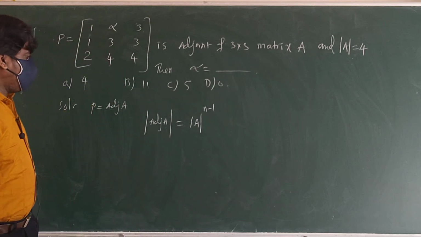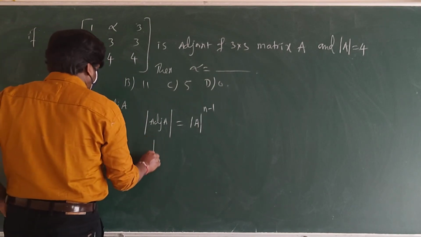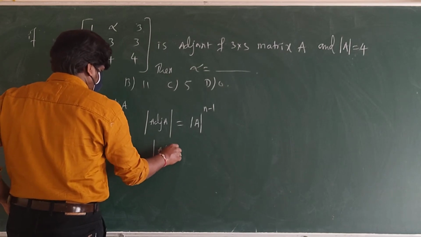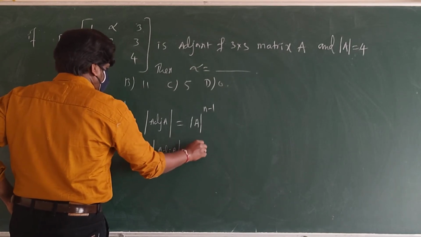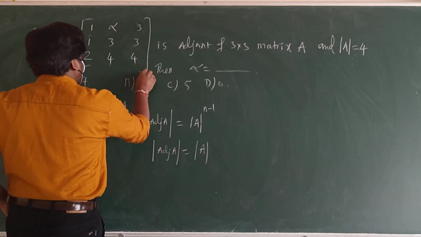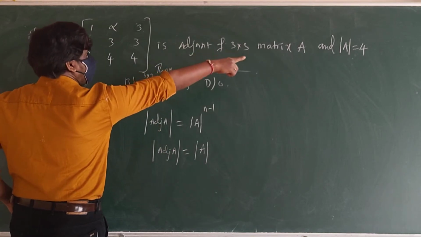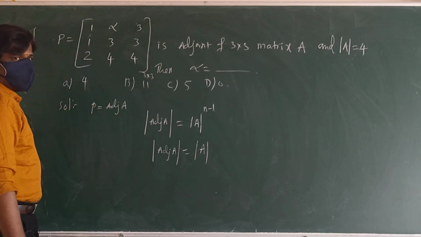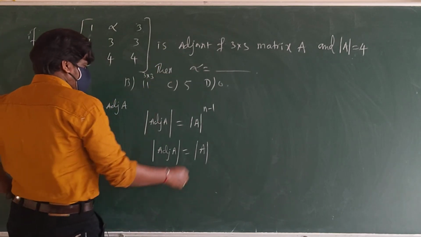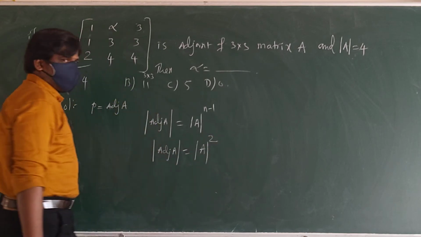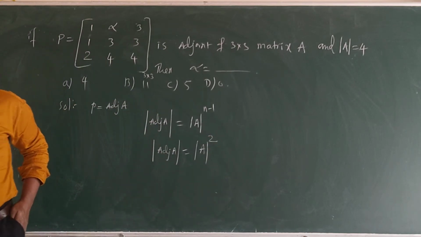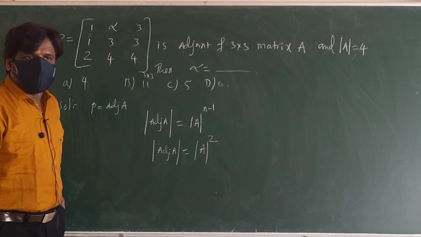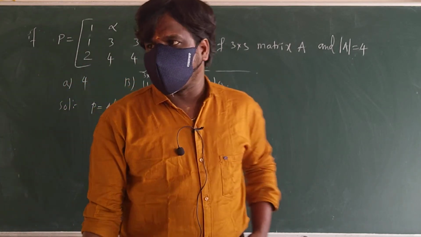Then determinant of adjoint A is equal to determinant of A power n minus 1, and A is a 3 by 3 matrix, so 3 minus 1 is 2.